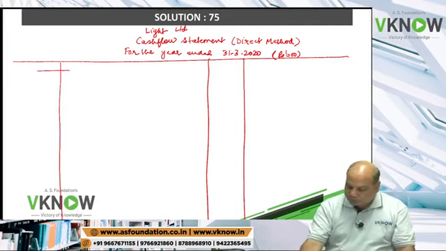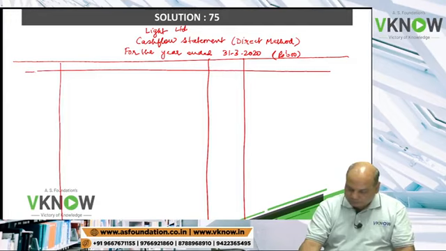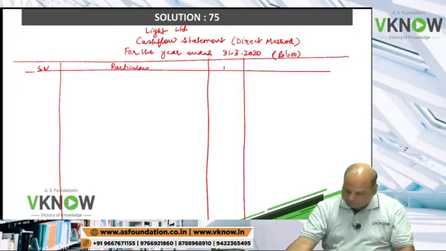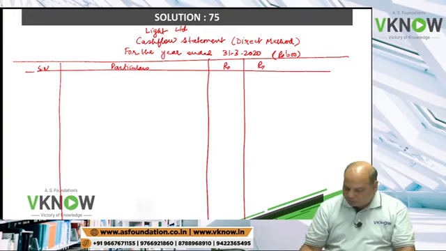First write down the format: serial number, particulars, and rupees in thousand.